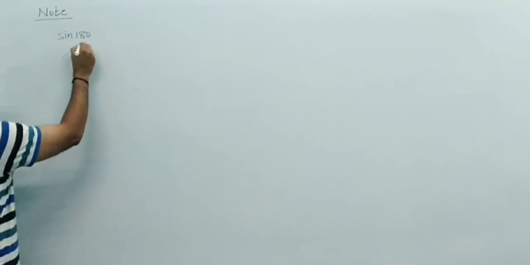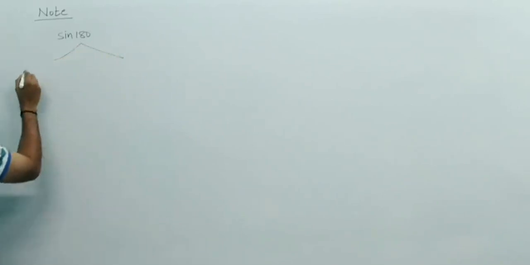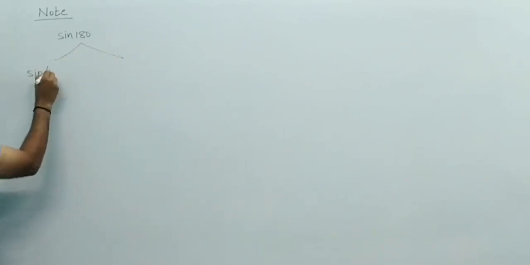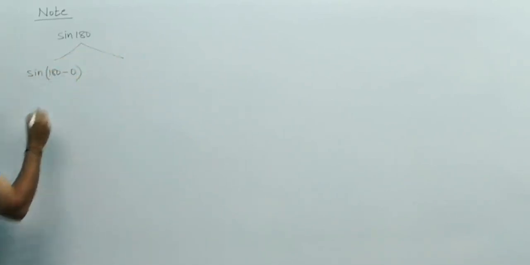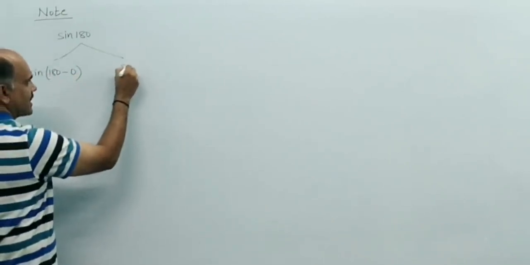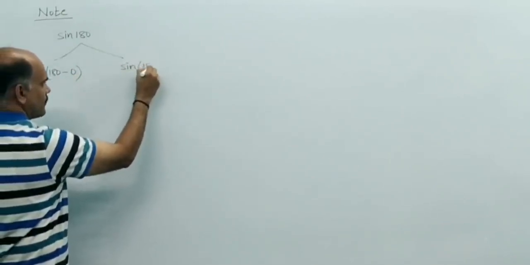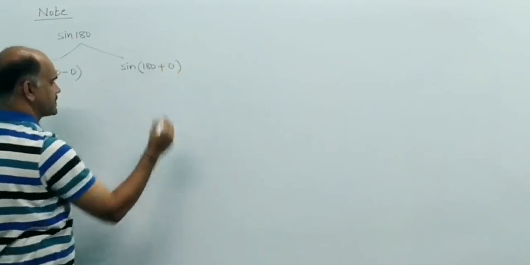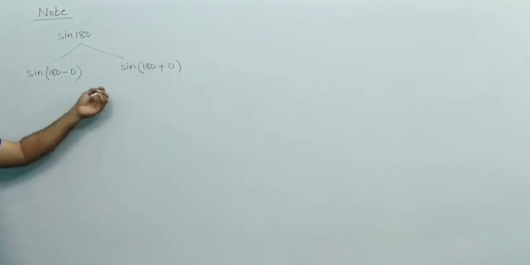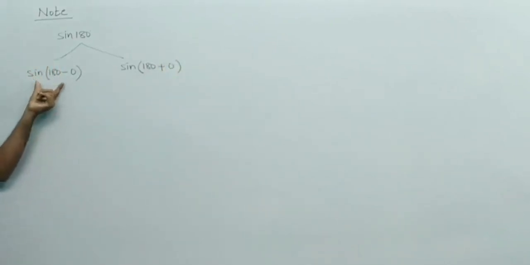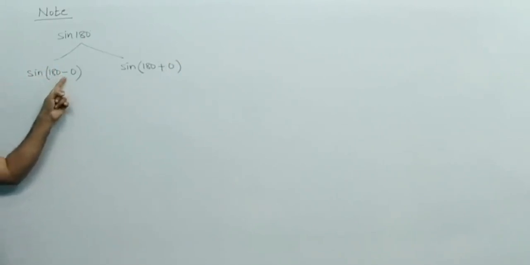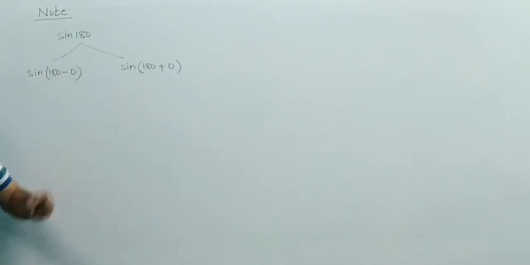So you can write this as sin of 180 minus 0, or even as sin of 180 plus 0. If you take 180 minus, it is in the second quadrant.